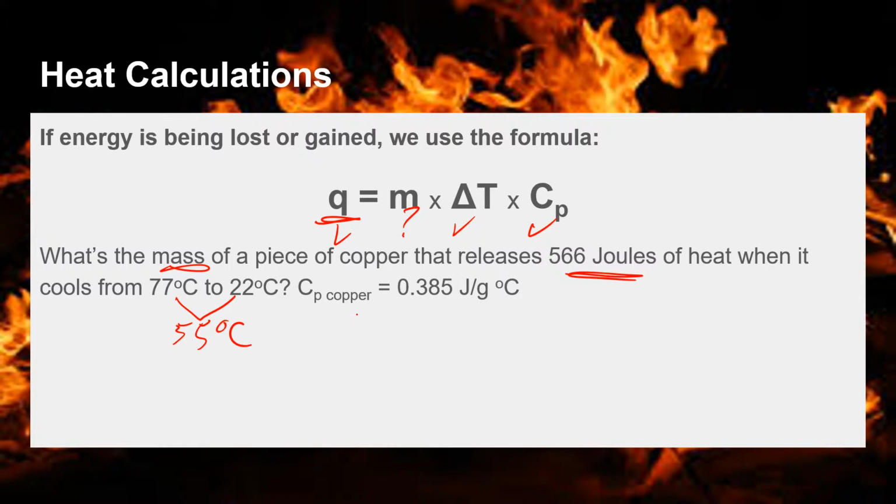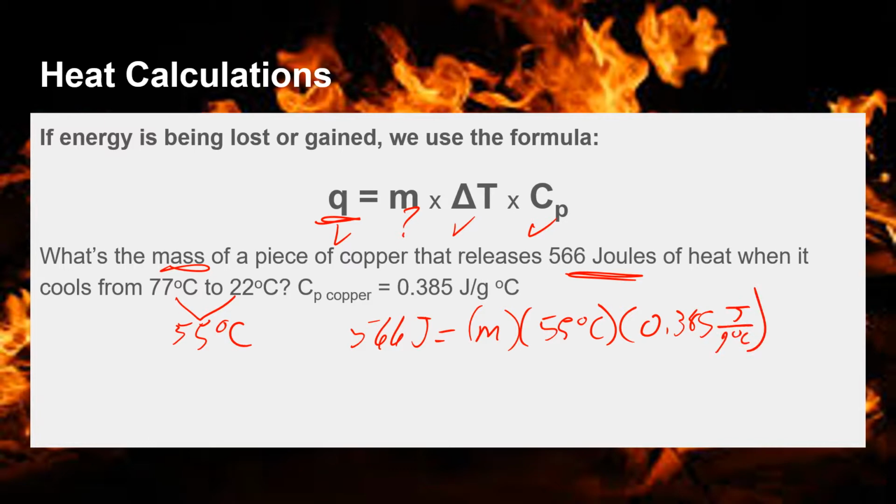So we have 566 joules is equal to our mass, which we don't know, times our delta T, which is 55 degrees Celsius, times our specific heat, which is 0.385 joules per gram degrees Celsius. So we do this math. We're trying to isolate that M. So 55 times 0.385 gives us 21.175.